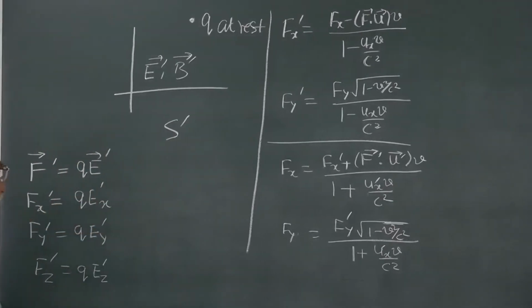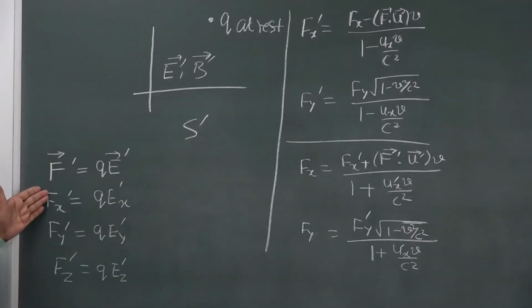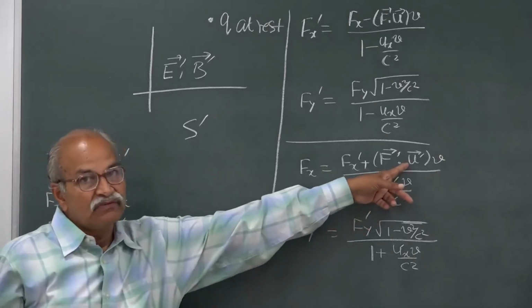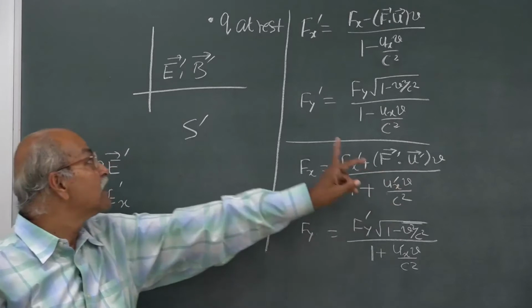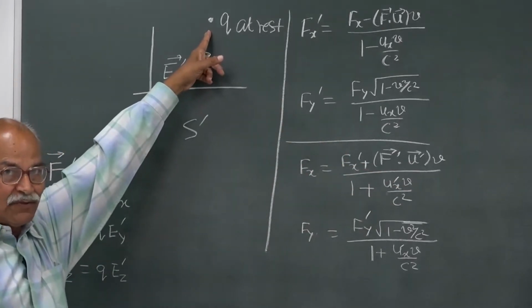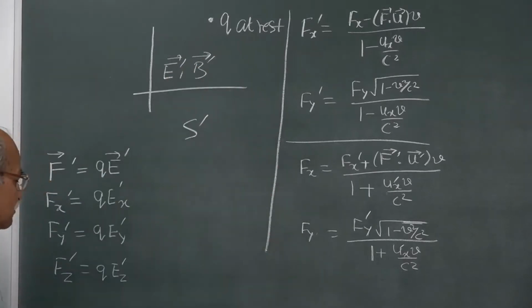If I transform these forces Fx prime, Fy prime, Fz prime to Fx, Fy, Fz, this u prime is 0, because I have taken my particle at rest in S prime. So, u prime is 0, and therefore, it is a great simplification.